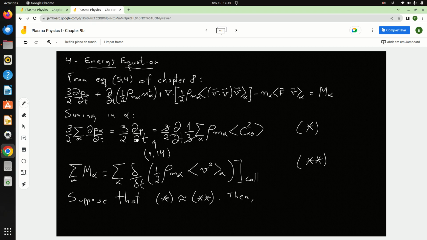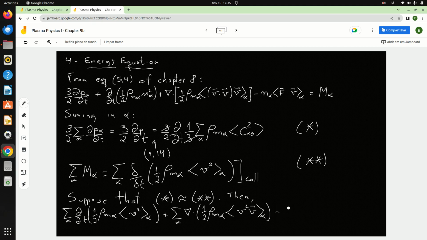Then you get from summing in alpha the other terms in this equation: the sum over alpha of del t 1/2 rho m alpha v alpha, plus the divergence of 1 over 2 rho m alpha v alpha, minus the sum of this last term f, and this is equal to 0.